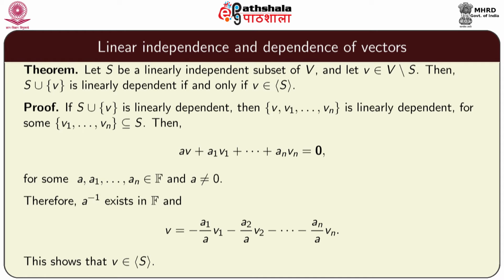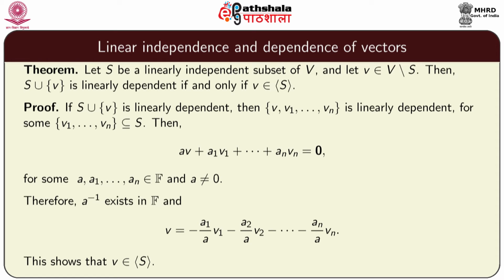Why is that so? Because if a is 0, then we would have a1 v1 etc. up to an vn equal to 0, but v1, v2, vn is a subset of S and S is linearly independent.